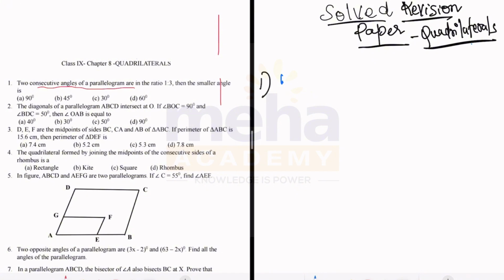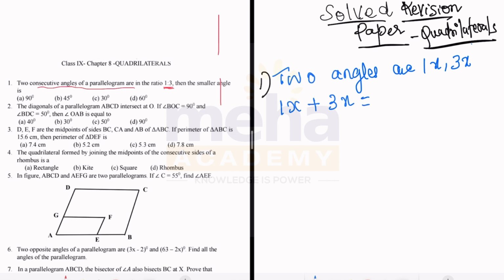They are actually supplementary. So whenever a ratio question is asked, first we have to assume an x with the ratio. So the two angles are 1x, 3x. Then we know supplementary: the two angles add up to 180. What is the property?